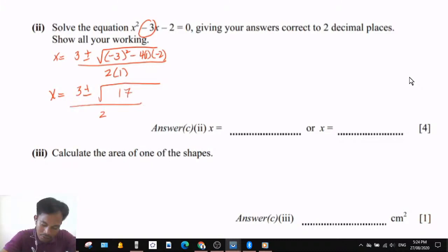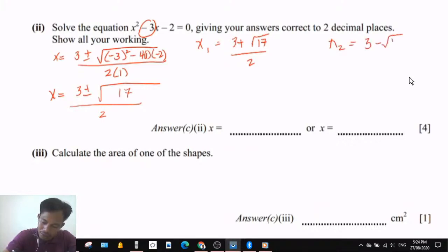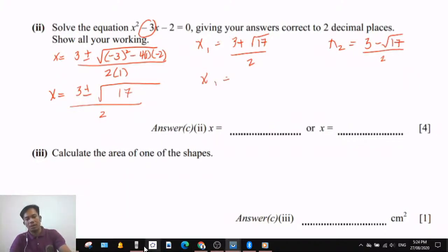Now the first solution is 3 plus square root of 17 divided by 2, and the second solution is 3 minus square root of 17 divided by 2. So x1 is equal to, I'll use the calculator.